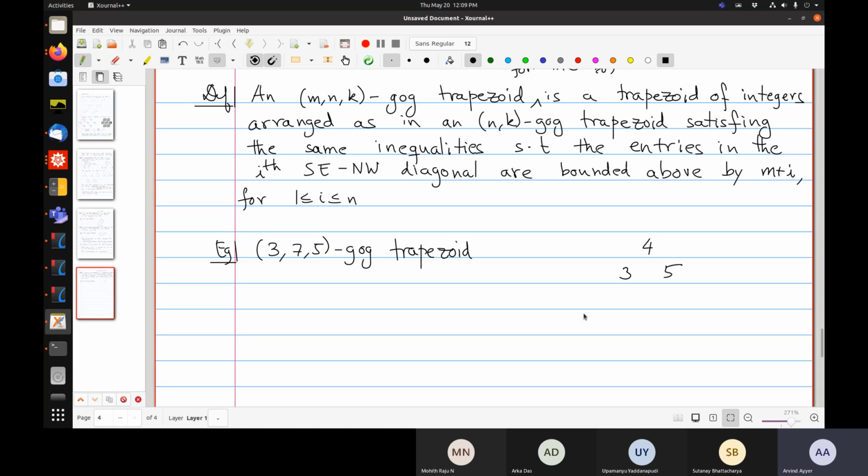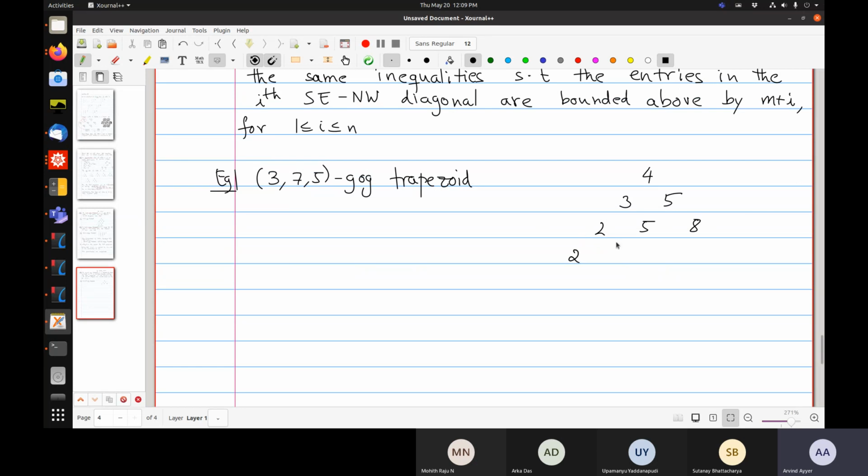So 4, 3, 5, 2, 5, 8, 2, 4, 7, 9, 1, 4, 6, 7, 10, 1, 4, 5, 7, 8. Now the bottom row is 5. And now the last row is not 1, 2, 3, 4, 5. And that's where you have the freedom. So 1, 3, 5, 6, 8.